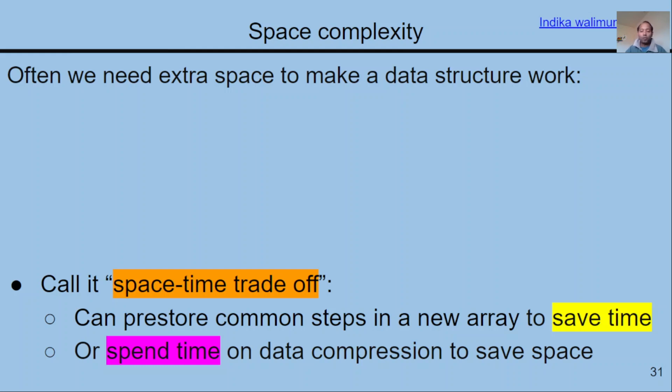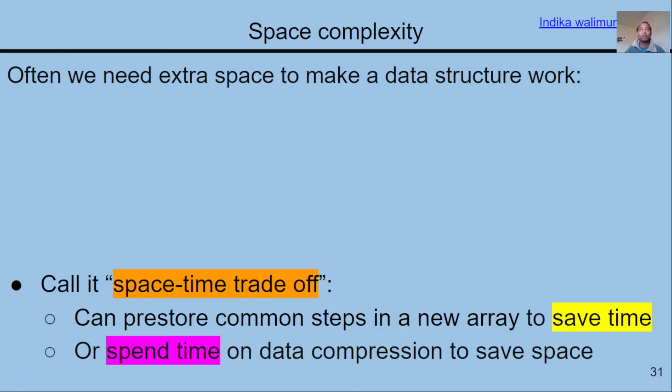On the other hand, we can compress data to save space, but we know that data compression is an algorithm, so it takes time. So we spend time to compress data and to save space. For example, space complexity is more important when you actually want to program a chip.